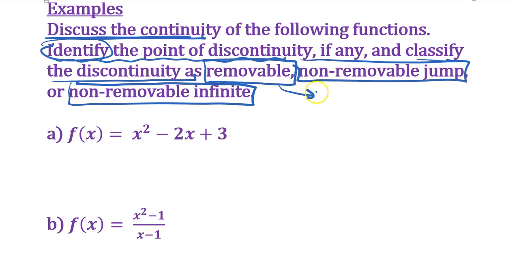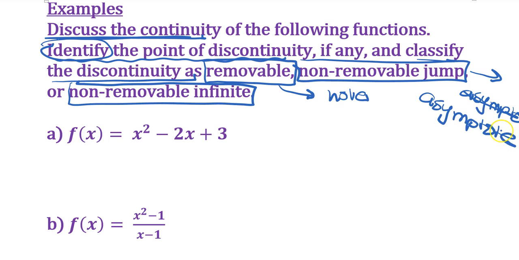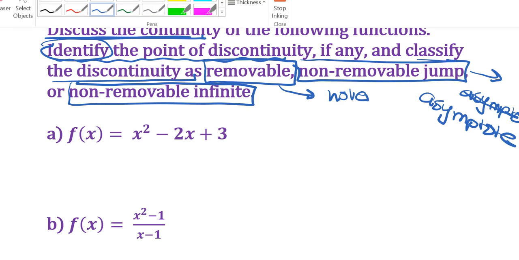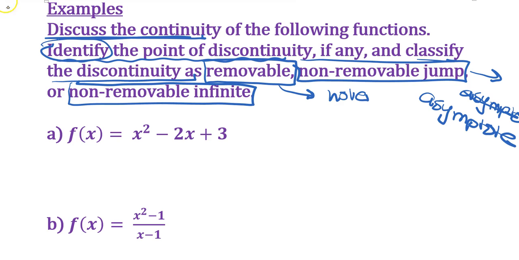Now the removable discontinuity was the one where we had a hole. The non-removable jump was the asymptote. I'm going to go off the screen, sorry. Stylus doesn't work very well for me. And the non-removable, no, I misspoke. You guys are probably saying, what is she talking about? Let me just pull out the eraser for a sec.